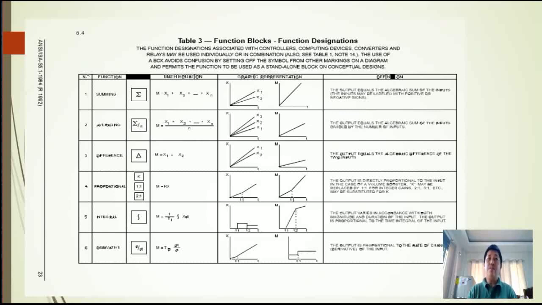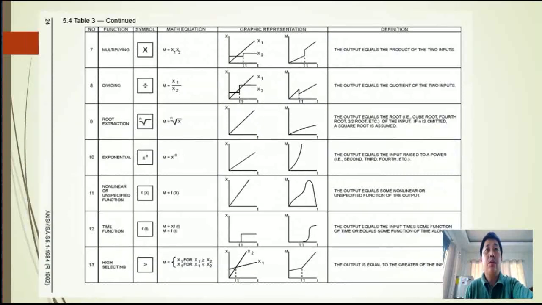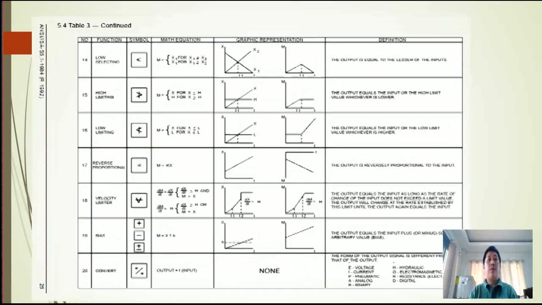Instead of reading this one by one, I will just show the slides, and later on I will show you examples, the application of all these symbols. Just familiarize yourselves with all these symbols.